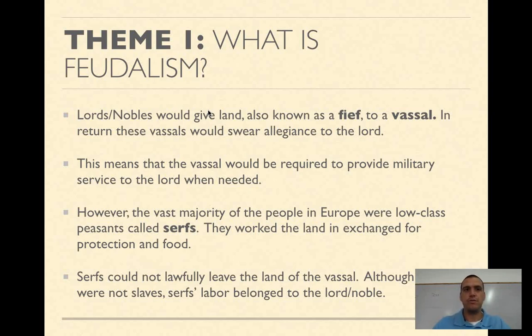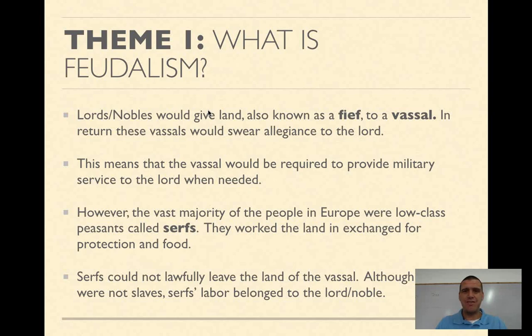And they too pledged allegiance to the vassal, the owner of the land. So they said, yes, we will come work for you, we will tend the land for you, we will raise the crops for you, but in exchange, we want protection and to keep some of the food and a place to live. So that's what they were working for. It sounds kind of nice, but it really wasn't. If you were a serf, we'll talk about it later, your life really wasn't that good.